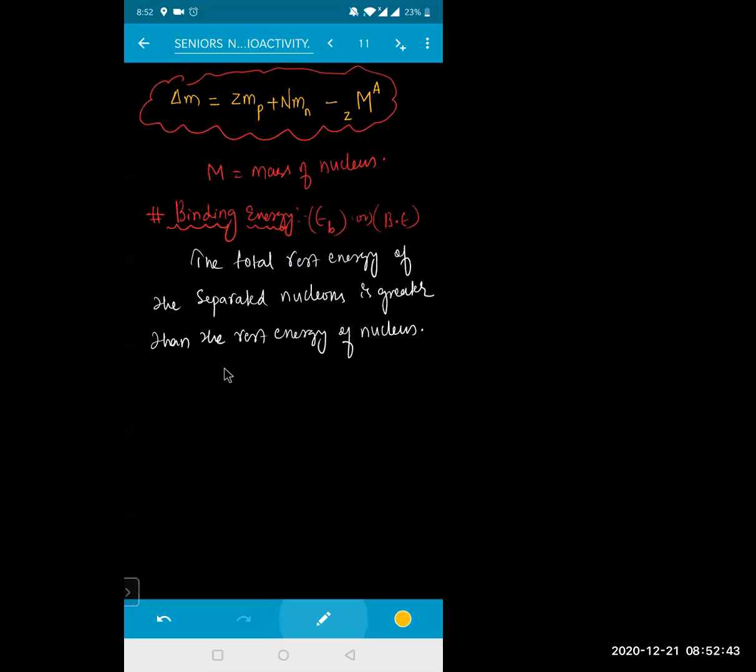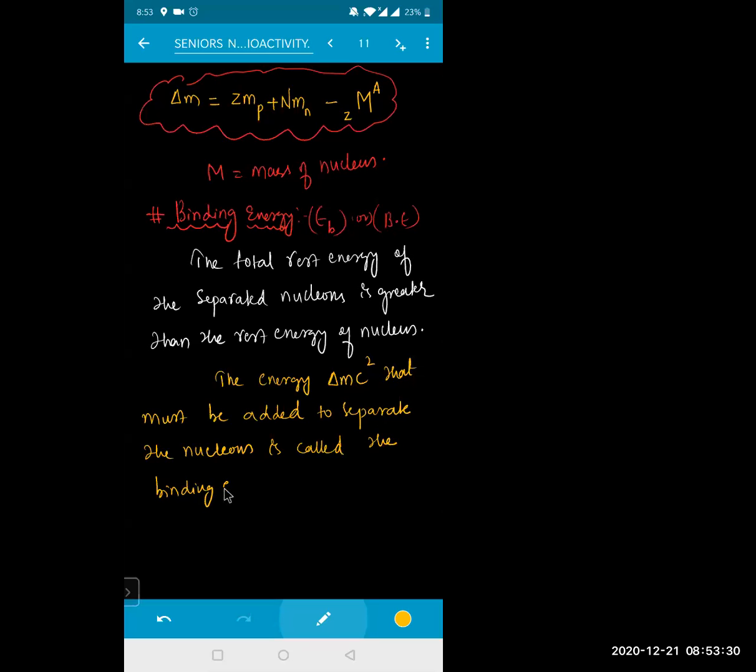So the energy delta m into c square, mass defect into c square, that must be added to separate the nucleons, is called the binding energy, that is EB.